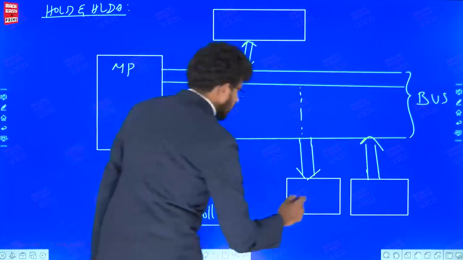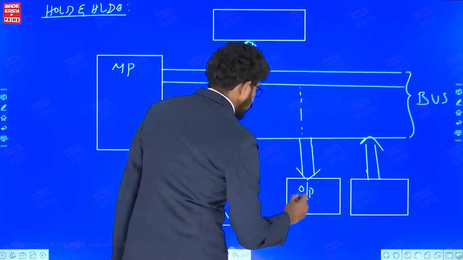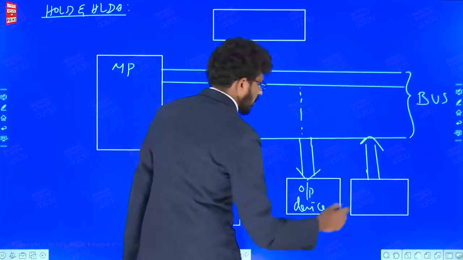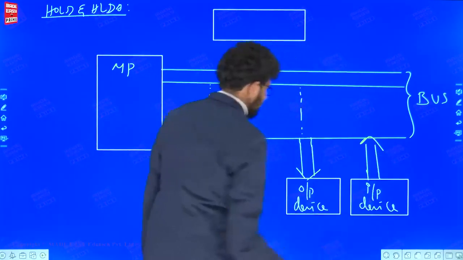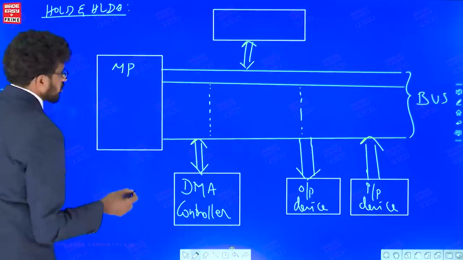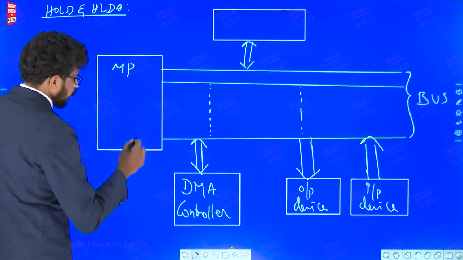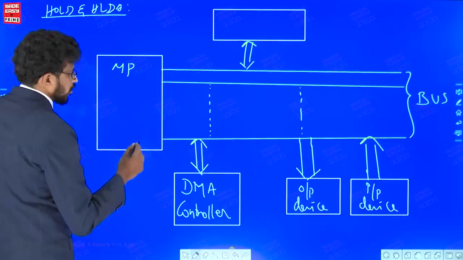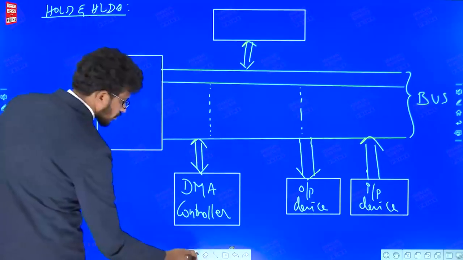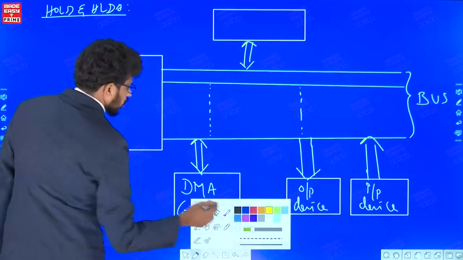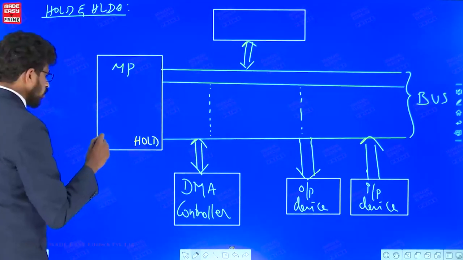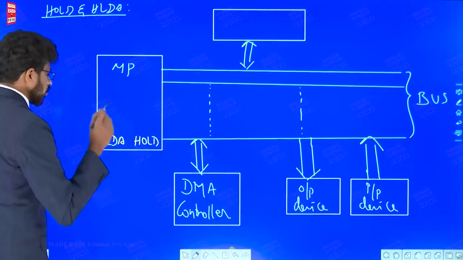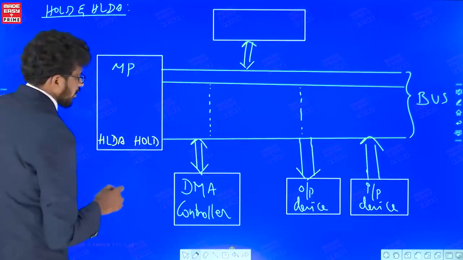And this is some output device, and this is the input device. The two pins which are present are hold and hold acknowledgement. This is hold and hold acknowledgement. Okay, fine.